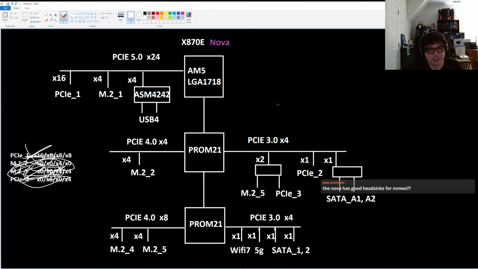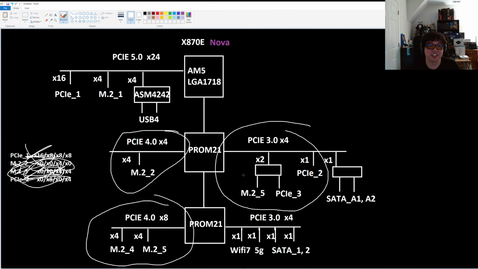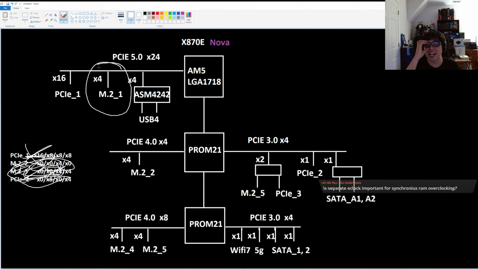The Nova has good heat sinks. They're okay. I think the Taichi has better ones though. But they're okay, guys. The Nova has Gen 4, Gen 4, Gen 3. None of these SSDs need a big heatsink. The only SSD that needs a big heatsink is this one, and that's assuming you're actually using a Gen 5 SSD.